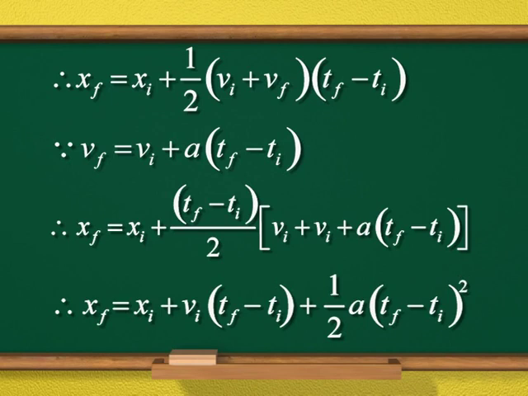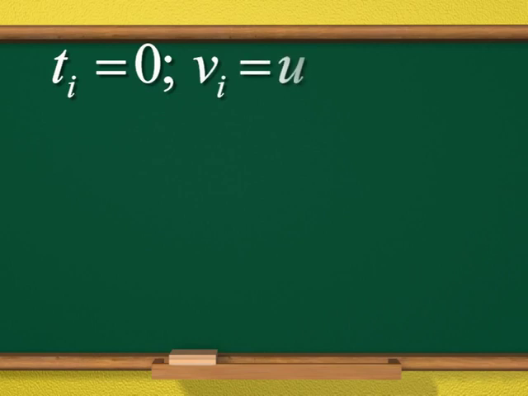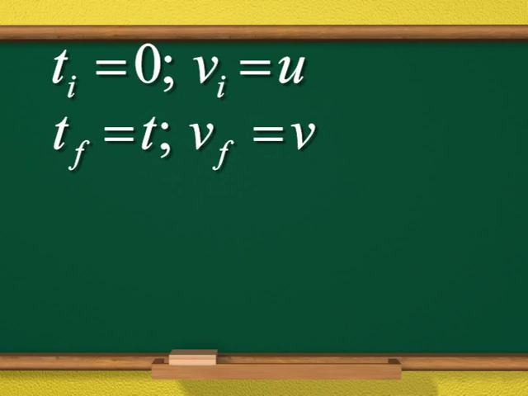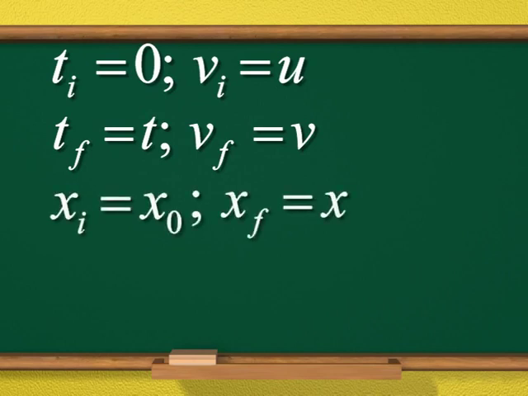For convenience, let the initial time ti be equal to 0 and initial velocity vi equal to u. Final time tf be equal to t and final velocity vf equal to v, and let xi equal to x0 and xf equal to x.